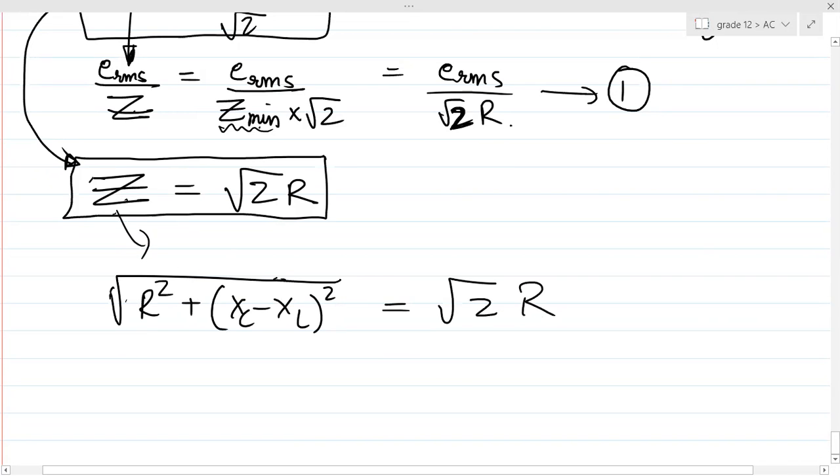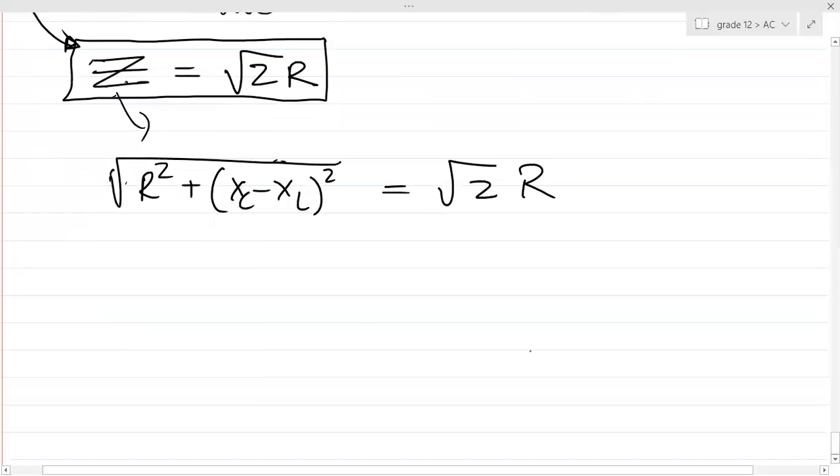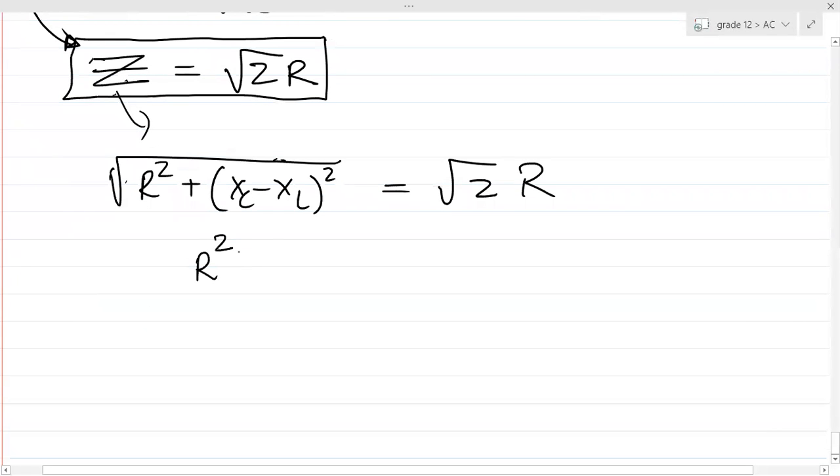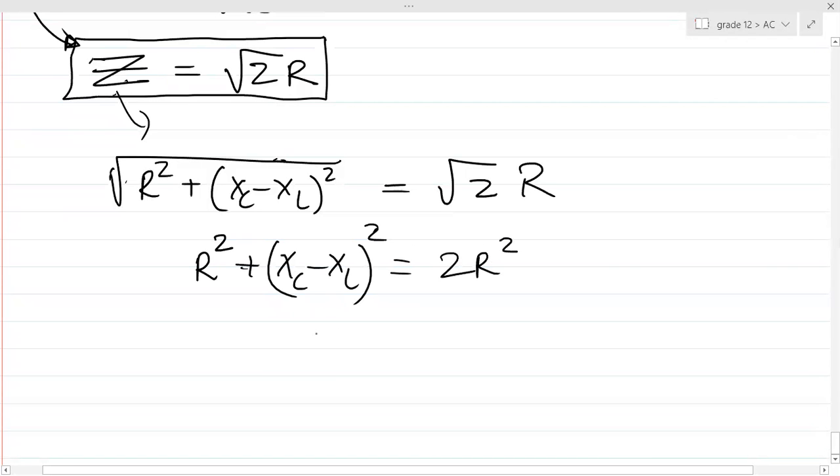Can I square the whole equation? If I square the whole equation, will it be equals to R square plus XC minus XL whole square is equal to 2 times of R square? 1 R square will get cancelled with 1 R square, and from there I'll have this equation XC minus XL whole square is equals to R square.